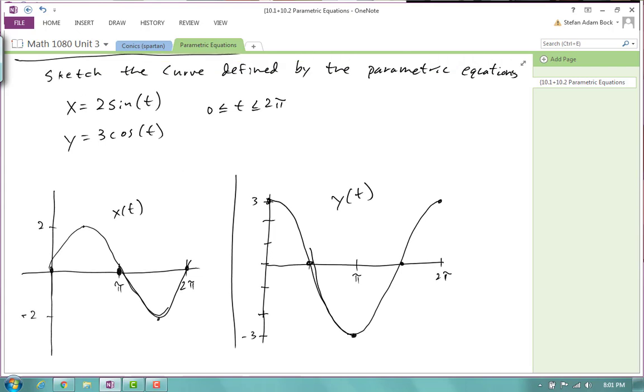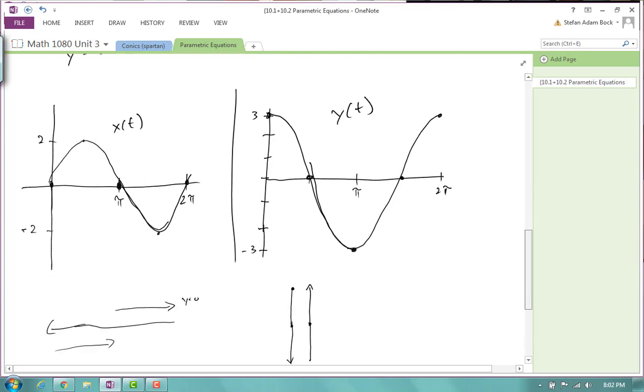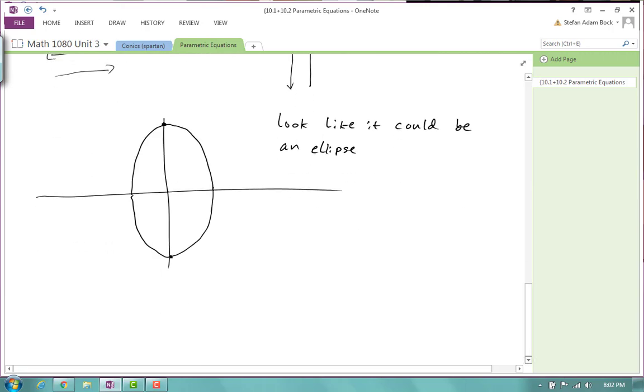Because what I expect for a circle is, if these both had a coefficient of 2, for example, if they had the same coefficient, then I would expect to have gotten a circle of radius 2, because x would be equal to r sine of t, and y would be equal to r cosine of t. Of course, it wouldn't be the standard setup of the circle. This is actually moving in the opposite direction from what we're used to for angles.